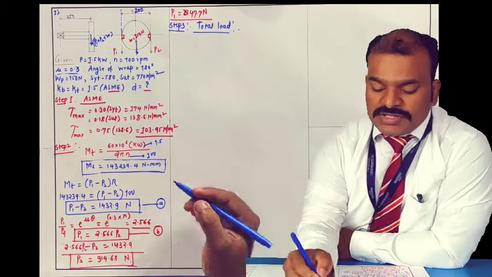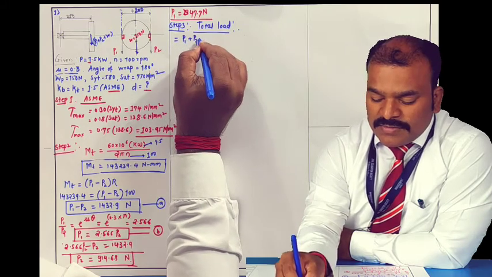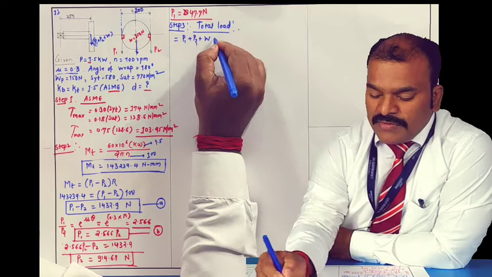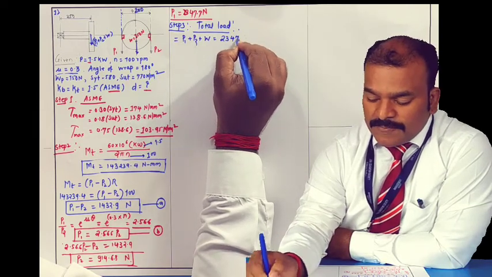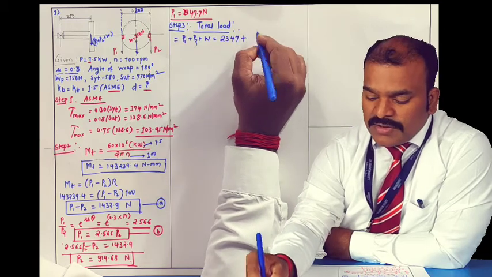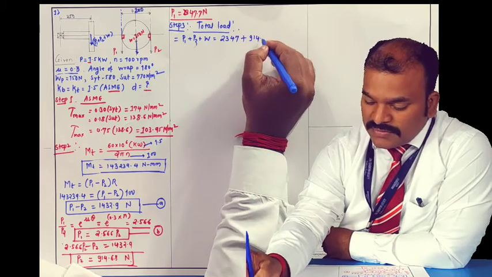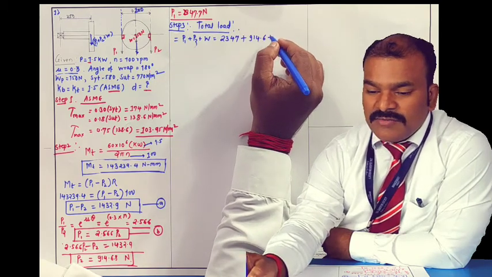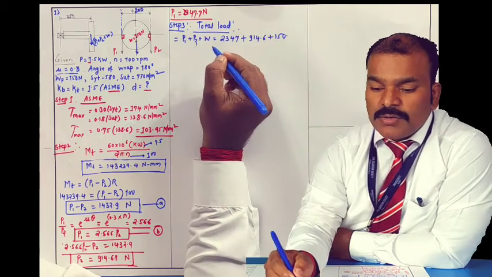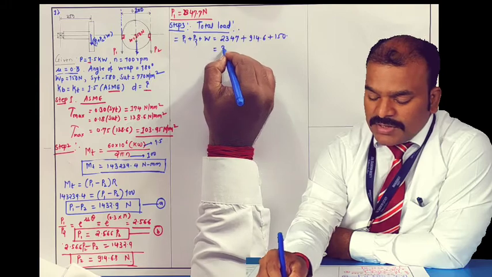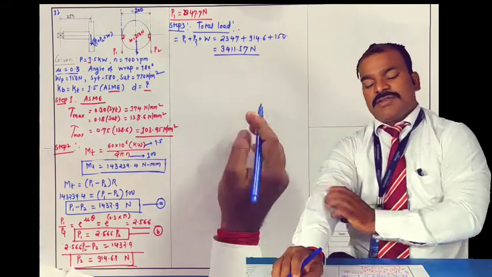So considering total load, it is equal to P1 plus P2 plus W. Now P1 we have calculated 2347 plus P2 we have calculated 914.6 plus W, weight is given 150. So therefore the total load acting on the system is 3411.57 Newton.